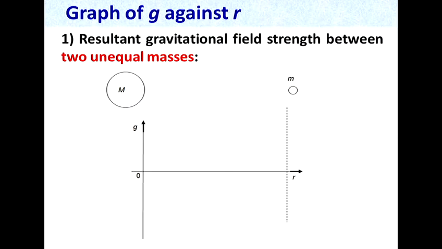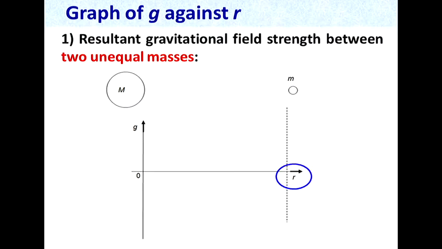Field strength is a vector quantity. So if I have a test mass here, it will experience a gravitational field strength due to big M towards big M. It will also experience a gravitational field strength towards small m. So I must find the resultant field strength before we can sketch.